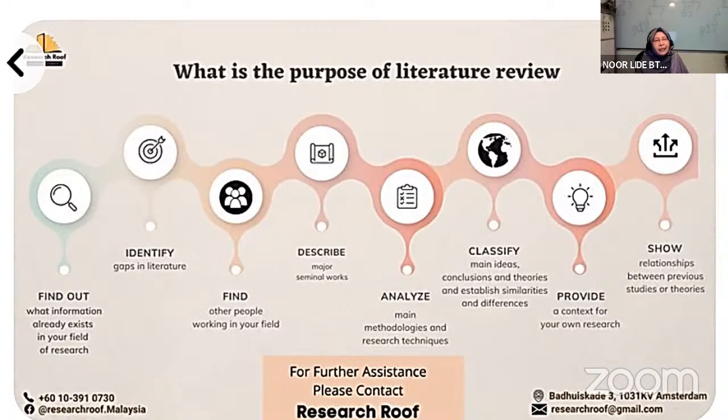That's why reading or getting to know that information would help us to identify the gaps in the literature, to identify the major seminal works, to know who has been working in that field, what their perspectives are, and so on and so forth, what kind of methodologies have been used, so that all these things can help provide a context for the research that they are doing, and also would give some sort of indication about how to show the relationship between not only variables, but previous studies and also theories.